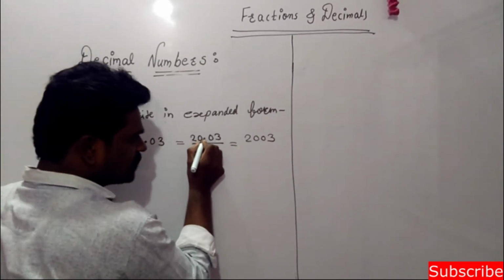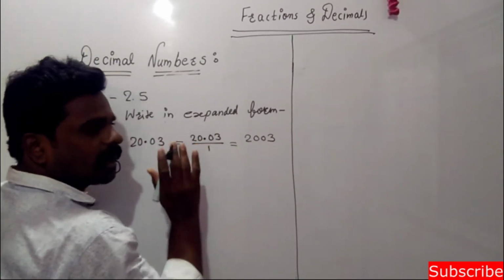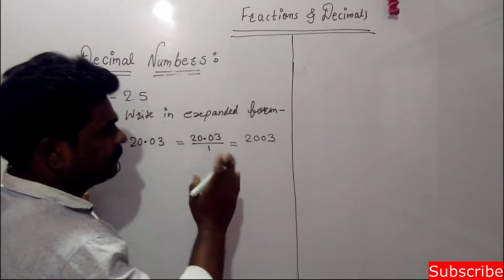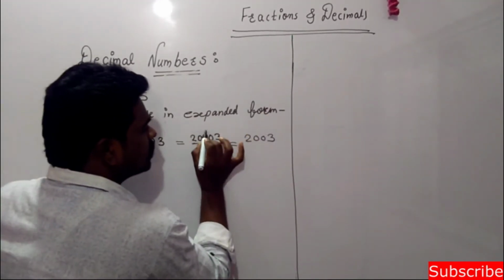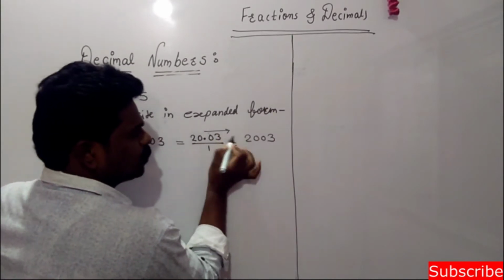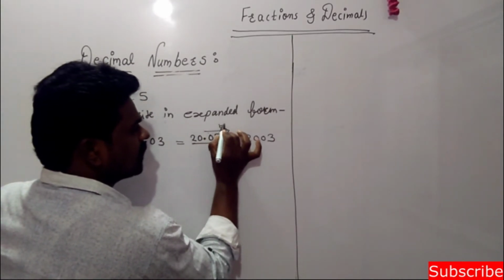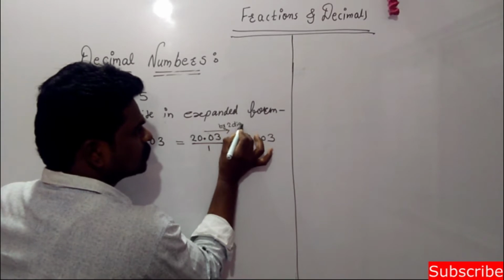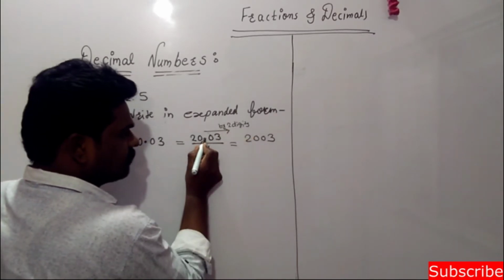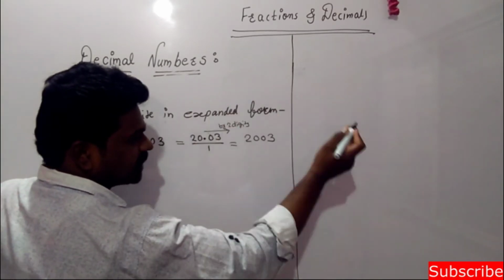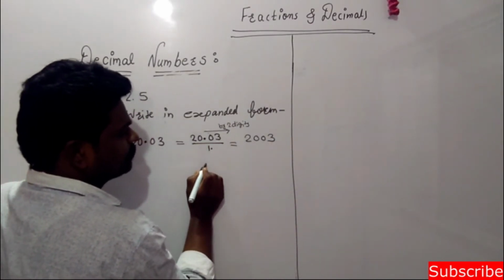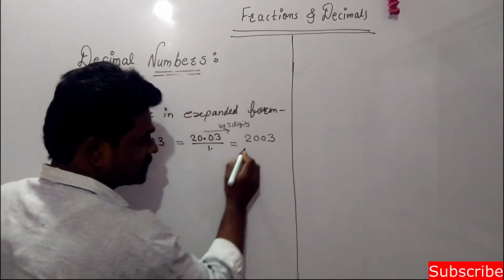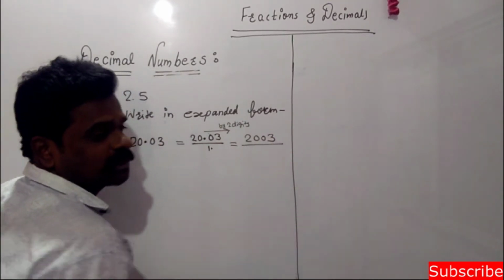I have removed this decimal point, and I have shifted my decimal point towards the right by 2 digits. Your decimal point in the denominator is here. Now shift that decimal point by 2 digits to the right.